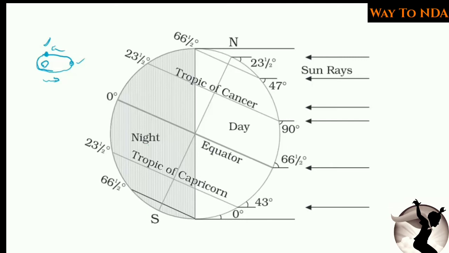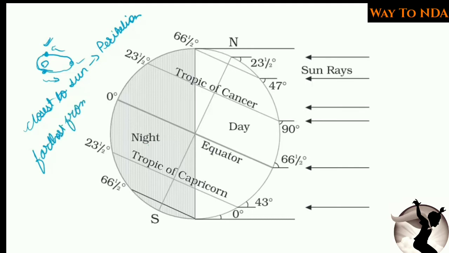The position where earth is closest to the sun is called perihelion, and when the earth is farthest from the sun, it is called aphelion.